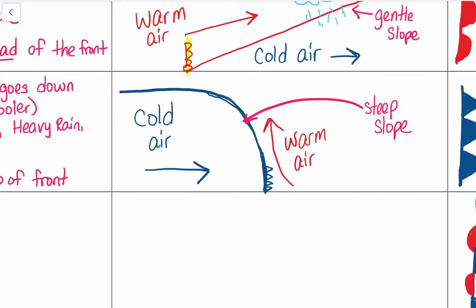So because the warm air gets forced up very quickly, the rain, the thunderstorms, the big storm that happens when we see a cold front happens right on top of the front. And remember, it is a thunderstorm, heavy rain, lightning.